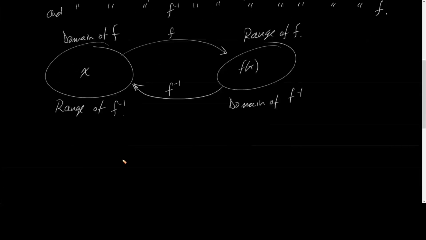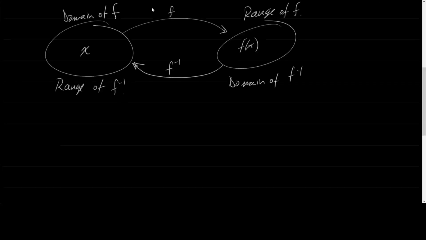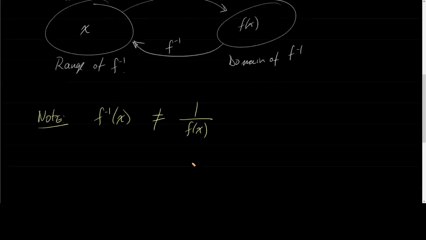All right. Now, I want to make a very important note here that I mentioned earlier. F inverse is not the reciprocal of f. All right. Here on the left, we've got the inverse of f.